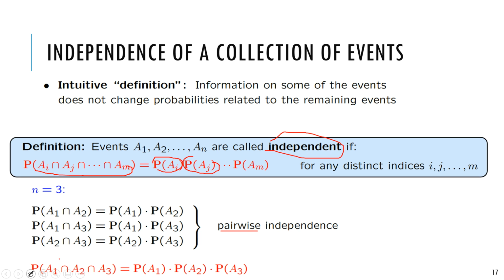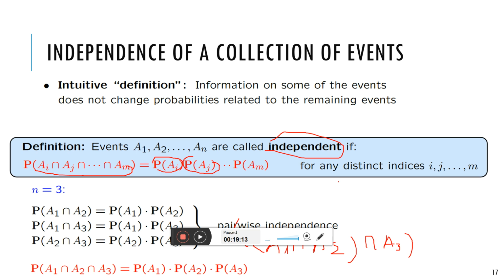From pairwise independence we can check the collection independence by dividing A1 and A2 into one group and intersecting with A3, so the collection of events is independent.